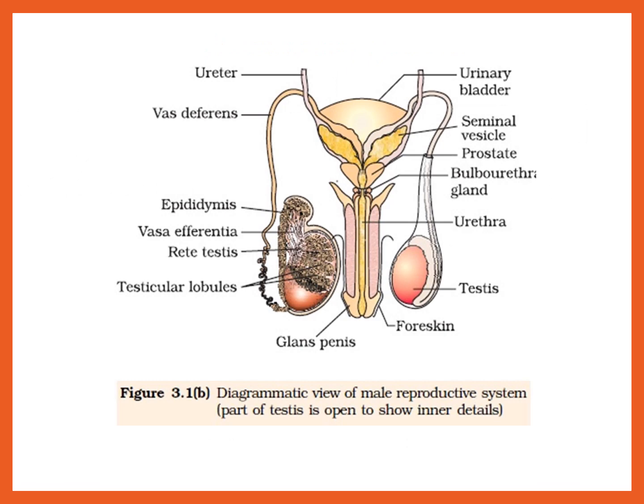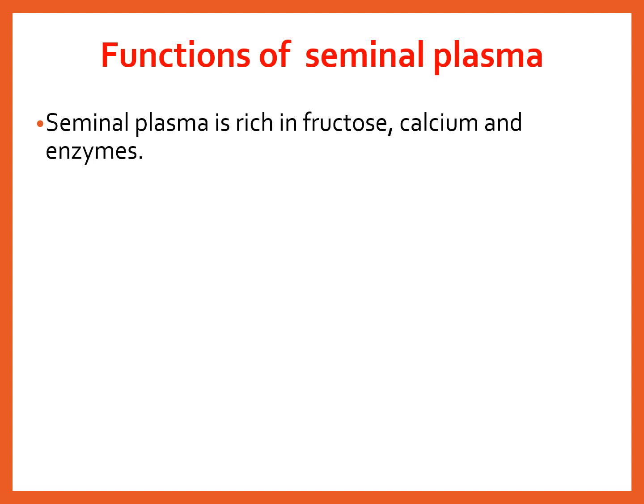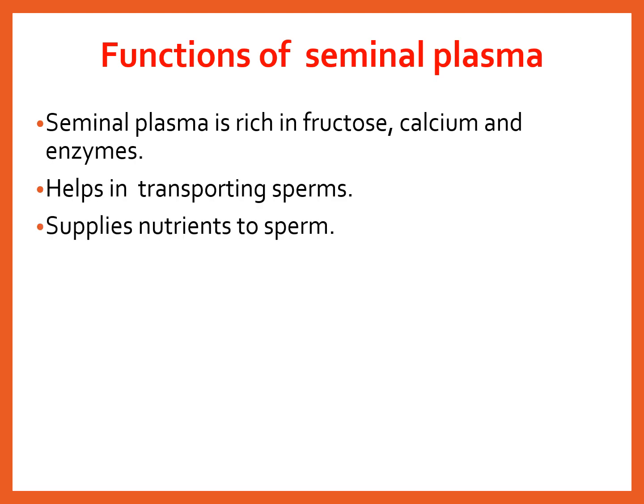So here we are seeing the reproductive system again. Now you might be comfortable with the different parts of the system. What are the functions of seminal plasma? Seminal plasma is rich in fructose, calcium, and some enzymes. It helps in transporting sperms.